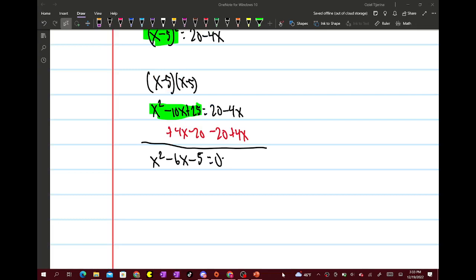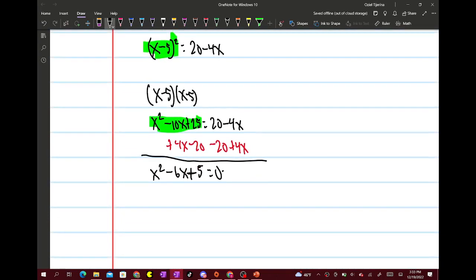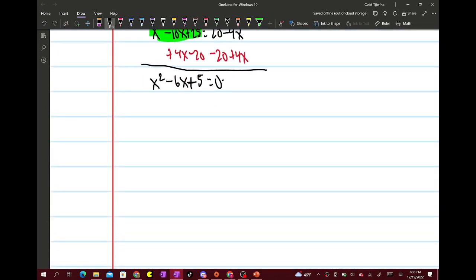Or no, I'm sorry, it's supposed to be plus 5. No wonder. Okay, so this is plus 5, my bad. So you would have to know how to factor quadratics at this point. So this would be x minus 3, or no, wait, no.